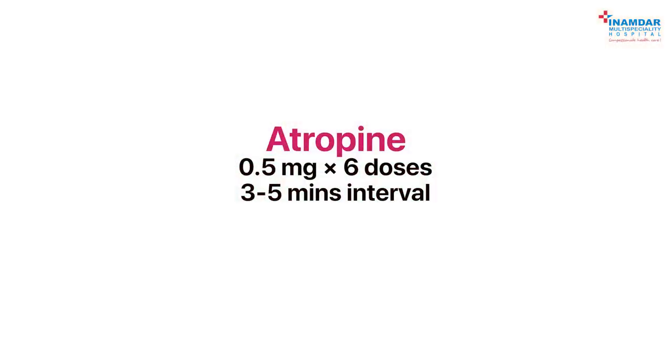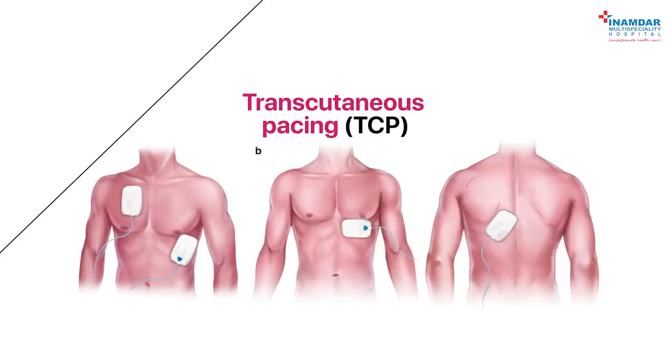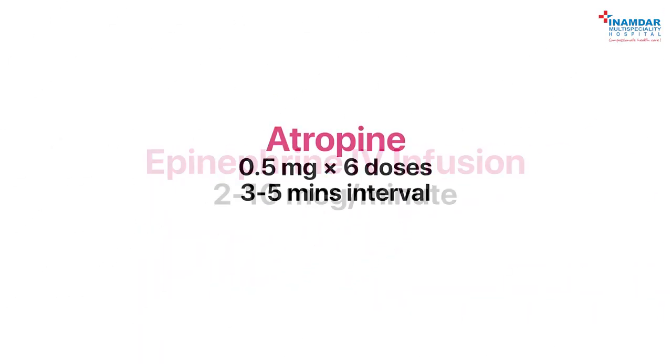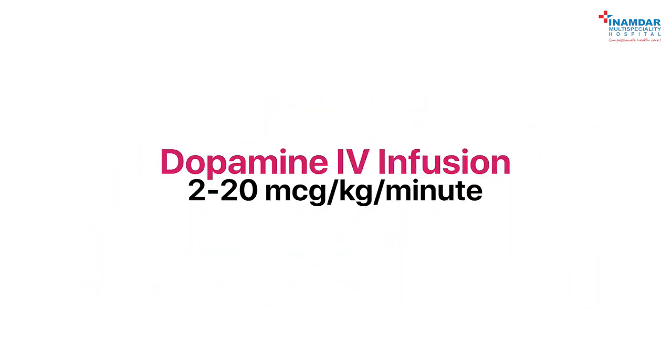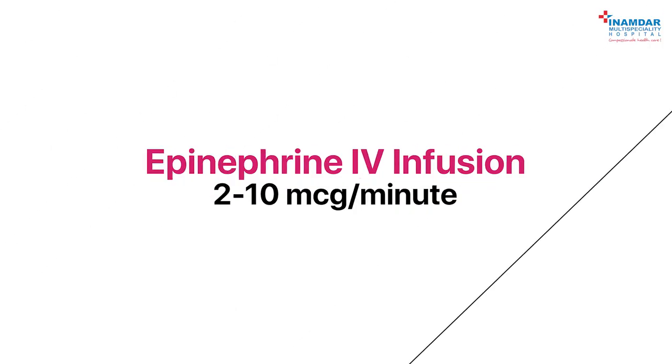About the treatment protocol: atropine, TCP, dopamine, and epinephrine. Atropine 0.5 mg, maximum dose 3 mg, that is 6 doses every 3 to 5 minutes. Second is TCP. Third is dopamine at 2 to 20 mcg per kg per minute, while adrenaline or epinephrine is 2 to 10 mcg per minute.